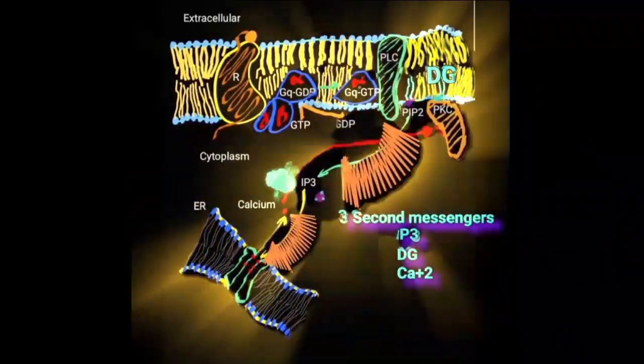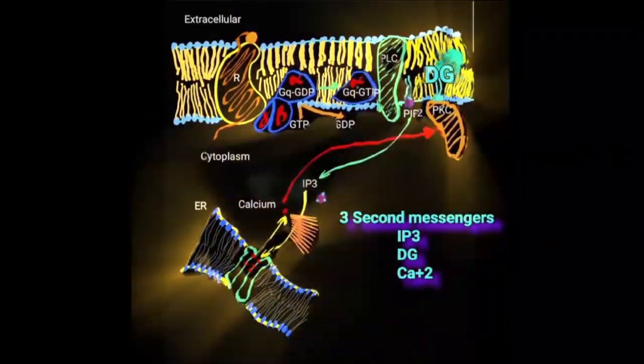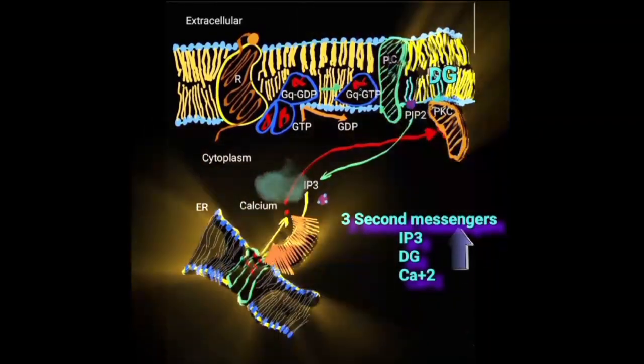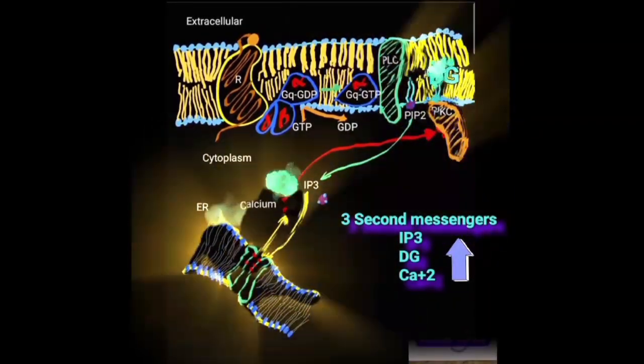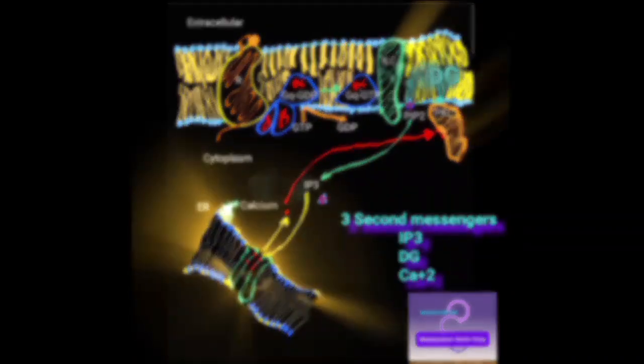IP3 moves to the ER and releases calcium from calcium stores in the ER. Ultimately, 3 second messengers are produced in response to receptor activation by epinephrine.